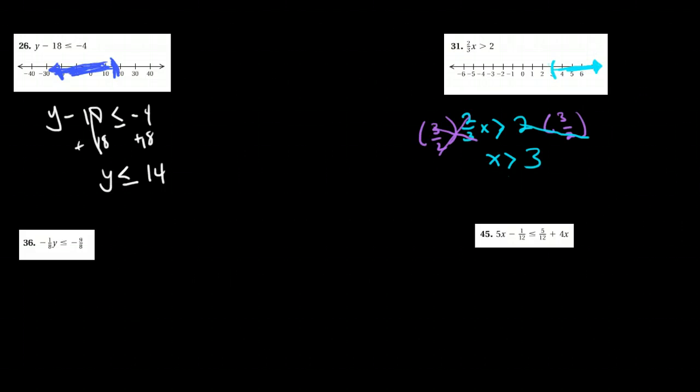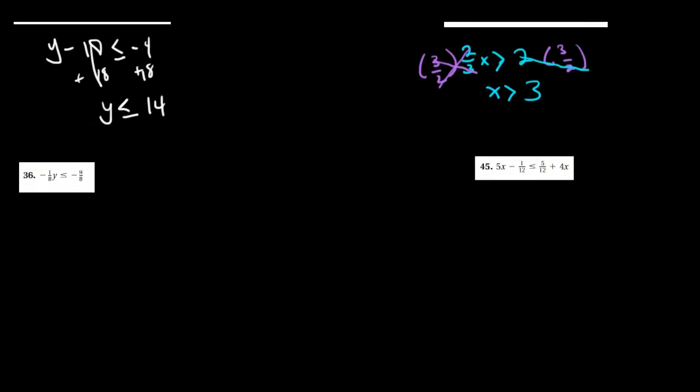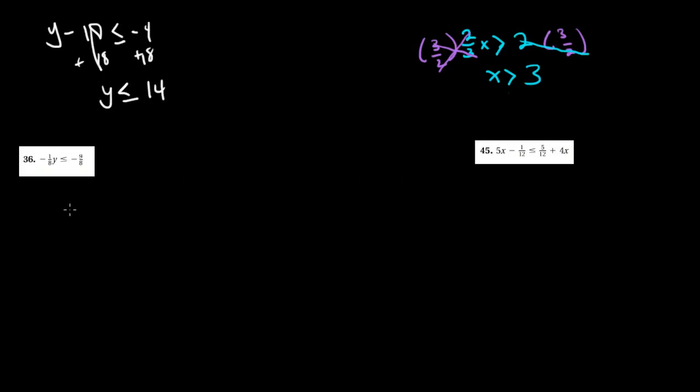Let's take a look at a couple of examples using interval notation. This one says the opposite of 1/8 of y is less than or equal to negative 9/8. Let's apply that same multiplication principle, and we're going to multiply by negative 8 over 1.